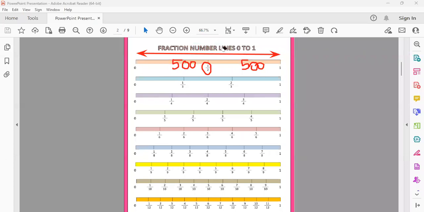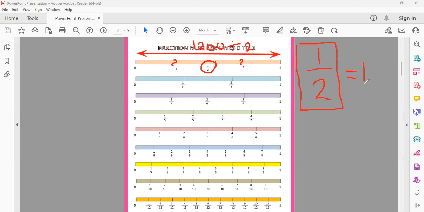I could put any number here. I'm going to put 1,200 and ask you what is half? Half means you're always going to divide by 2. Half looks like this, and it means take 1 and divide by 2. So half of 100 is 50. Half of 1,200 is 600.